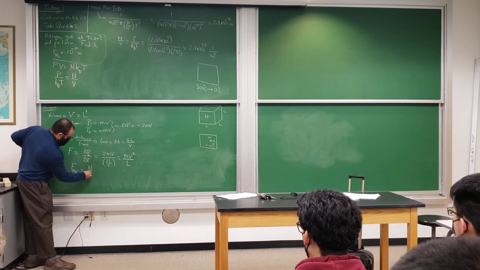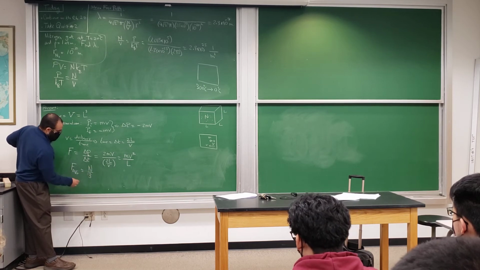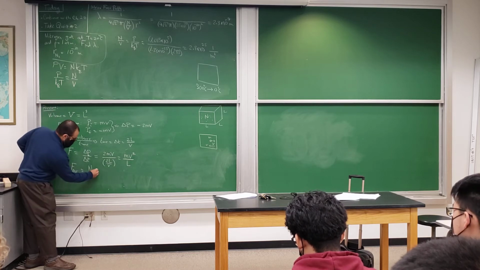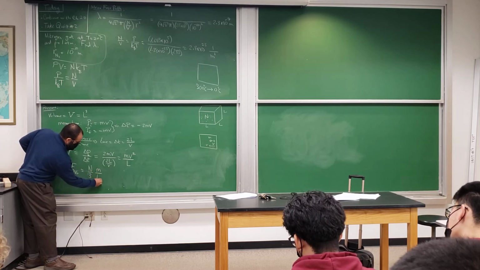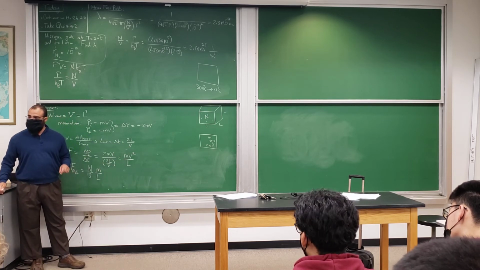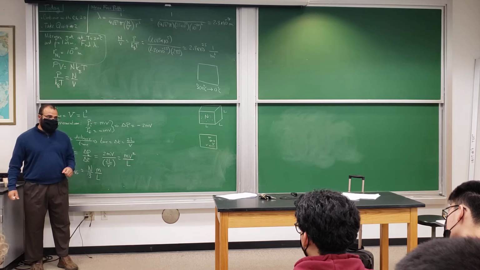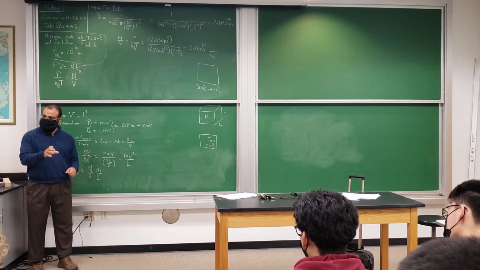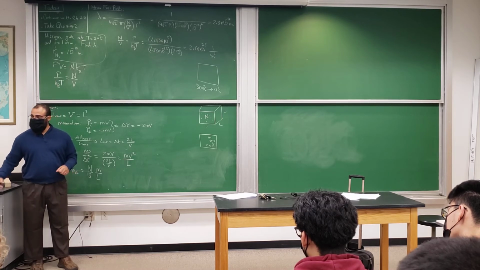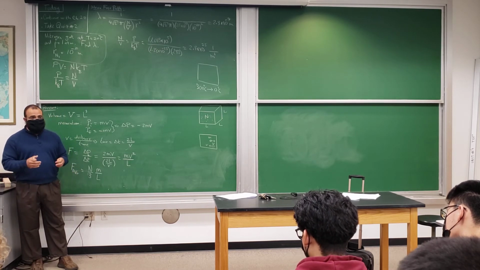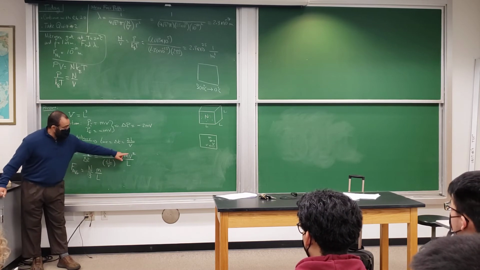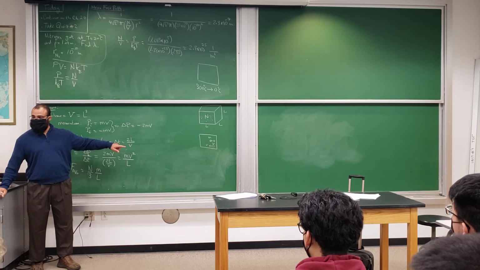So you get N over 3 times this average, which would be m over L, and then since I'm averaging the speed squared, I take v squared of the first molecule plus v squared of the second molecule plus v squared of the third molecule and so on, and then divide by the number of molecules to get the average. So this is the average of v squared, not the average of v.